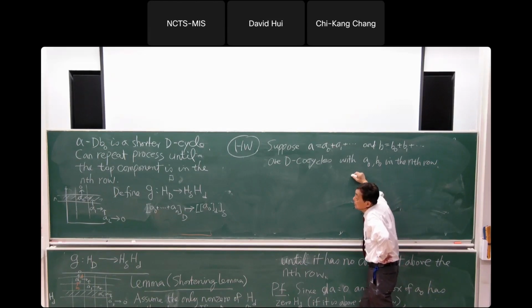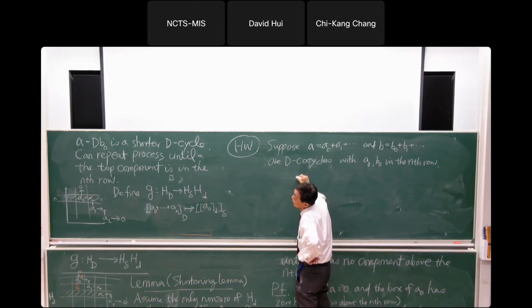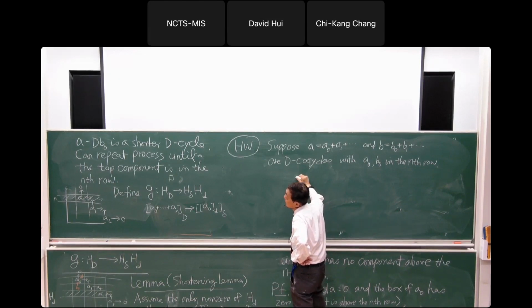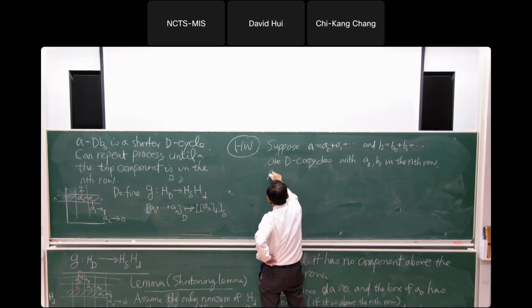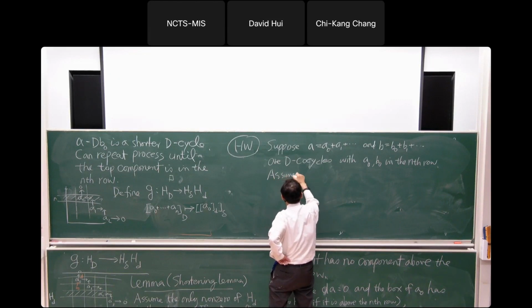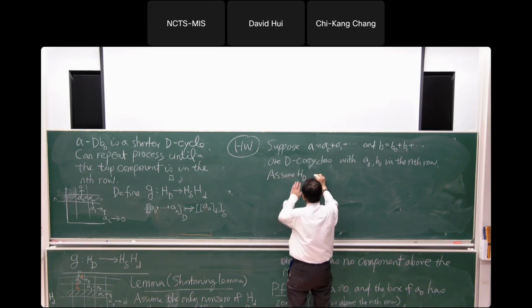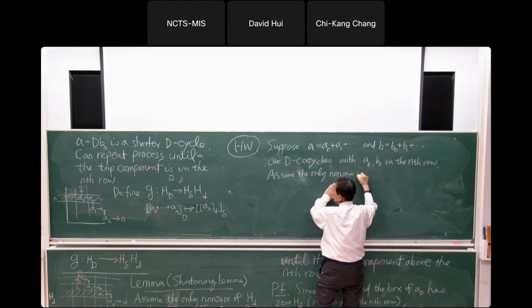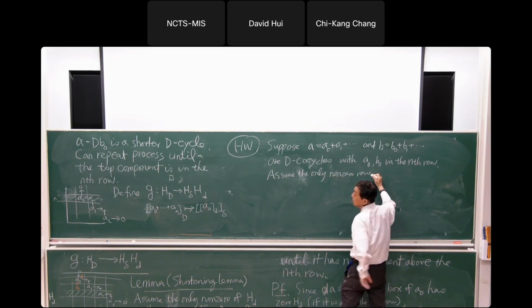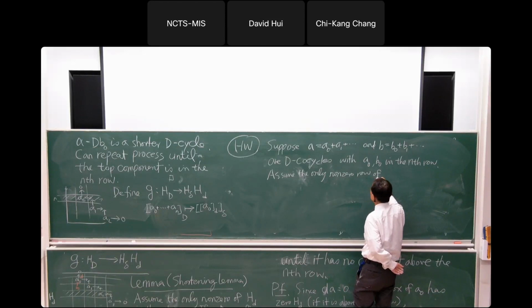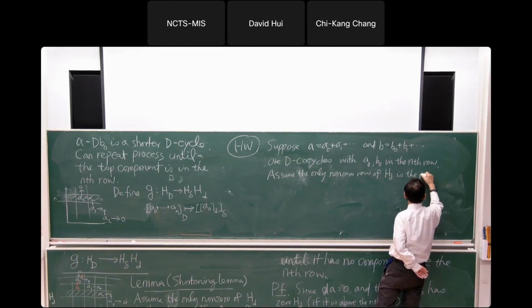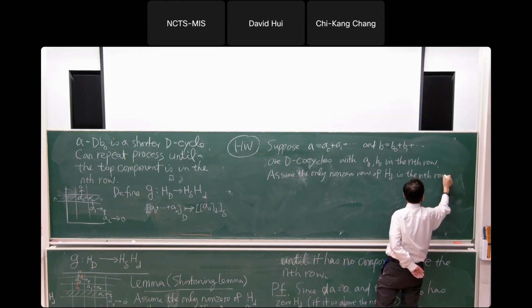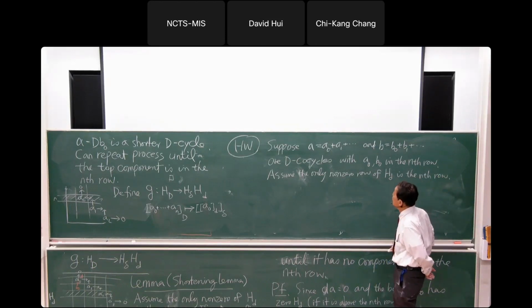And we still assume that we have only the H little d, the only non-zero row of HD is the nth row. Okay.